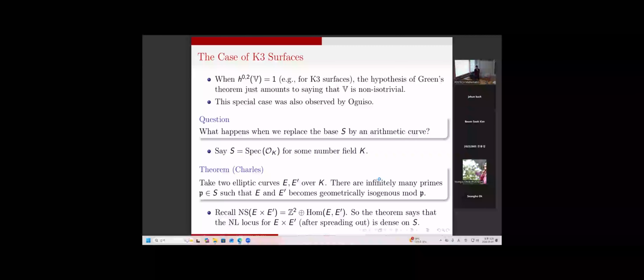Well, the actual formula for general abelian varieties would involve a term like Hom from A to B dual. But these are elliptic curves, so they are self-dual. I'm implicitly using that. Okay.